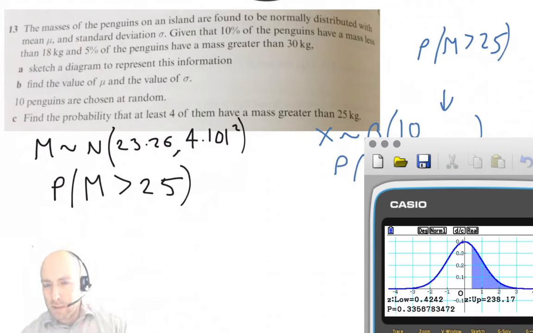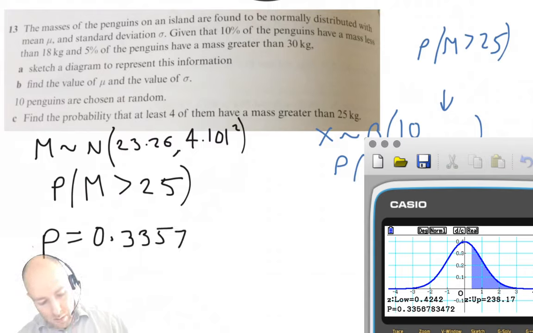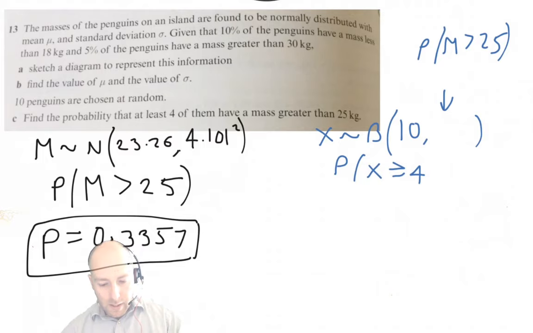Looks good to me. So our probability, P, is 0.3357. So that is the probability that I need to use in the binomial question over there. So we can fill that in. That's going to be 0.3357.